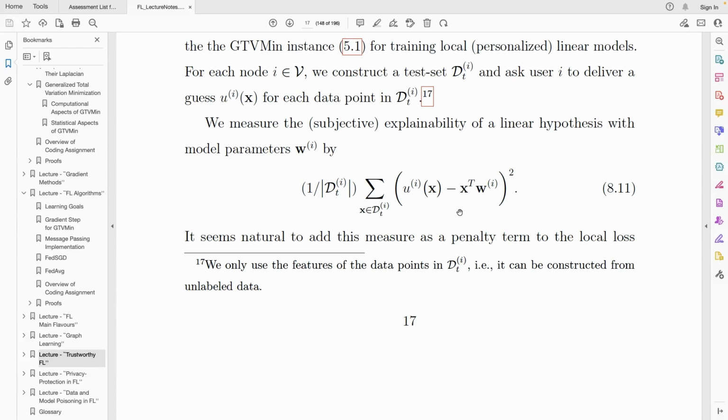So it's again one way to explain to the user the function, this hypothesis. What's this function? And this tests basically if the user can replicate the function values of this hypothesis for specific data points for which we know the features.